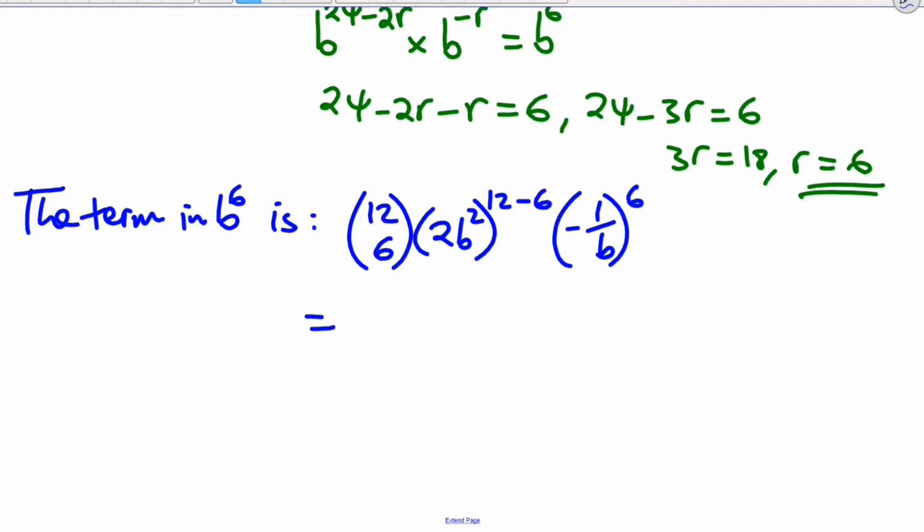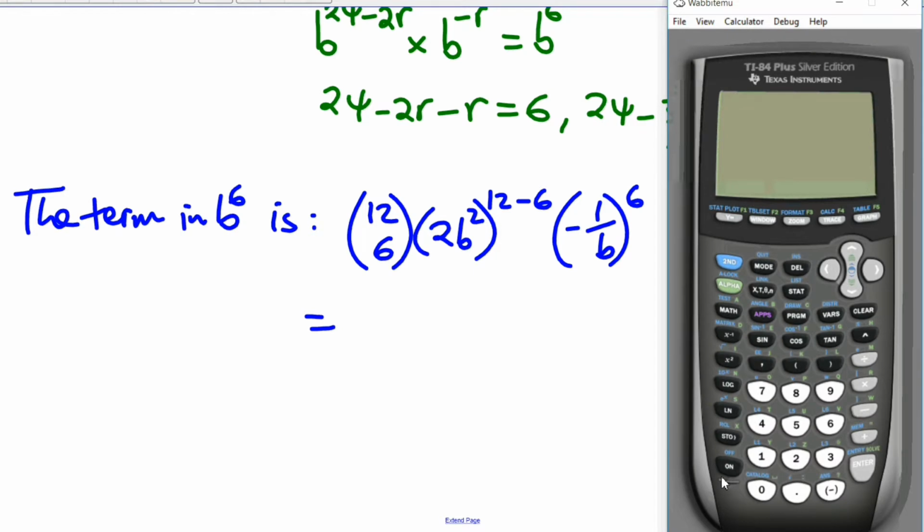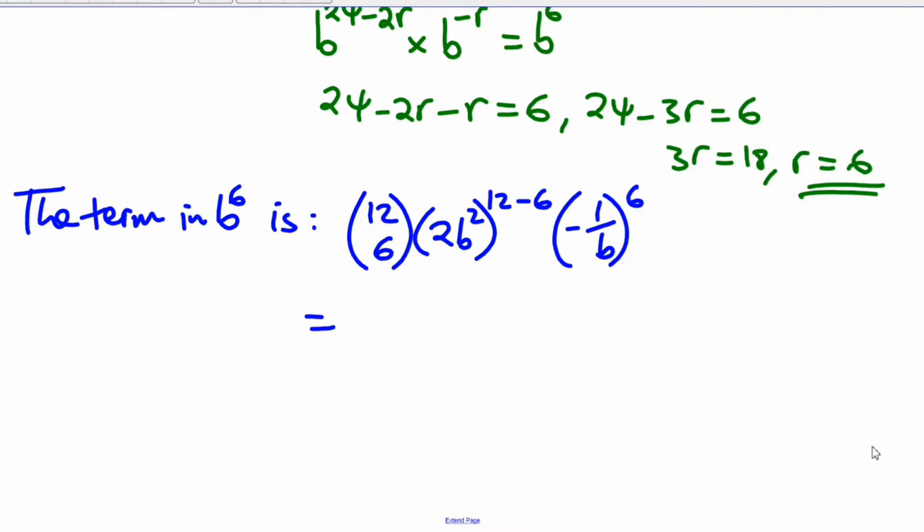So we just need to simplify this, and 12 choose 6 can be found from your calculator. If you go onto your calculator and plug in 12 choose 6, the answer will be 924.